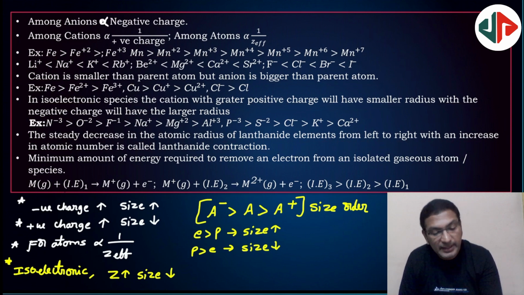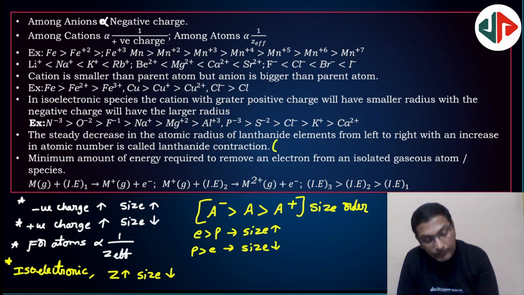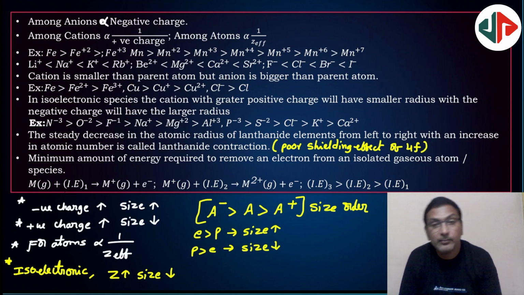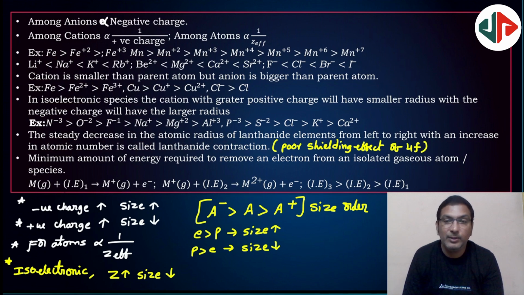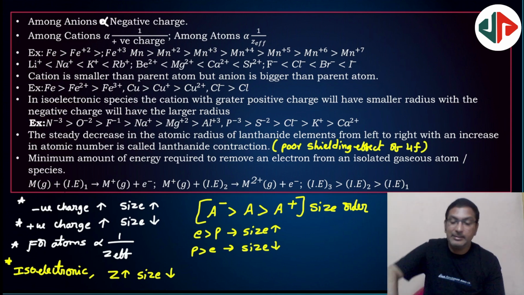That is due to the poor shielding effect of 4f orbitals, or 4f subshell. So in the lanthanoids, from left to right, atomic radius decreases gradually. That is contraction, due to the poor shielding effect of 4f orbitals.